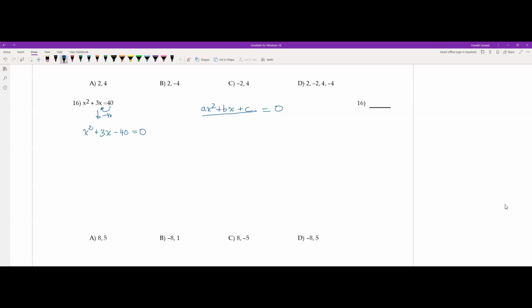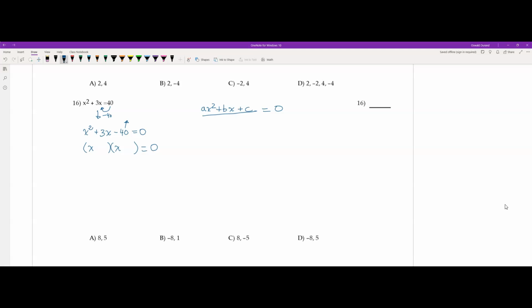Now. Okay, so now we are in business. We can go to the next step and do the factoring now, right? Because now we know how to factor the x squared plus 3x minus 40. Let's put it in factor form. So here, we assume that's going to be the product of two binomials. And we're going to get x and x. And let's look at product of 40 where the sum is positive 3.